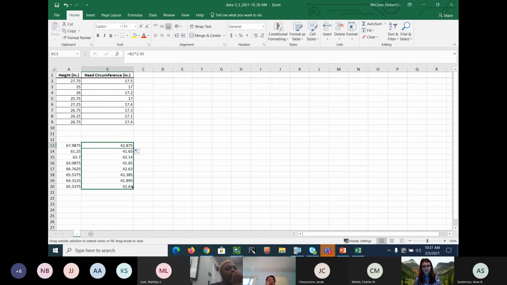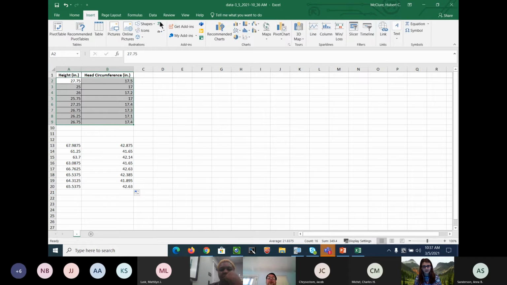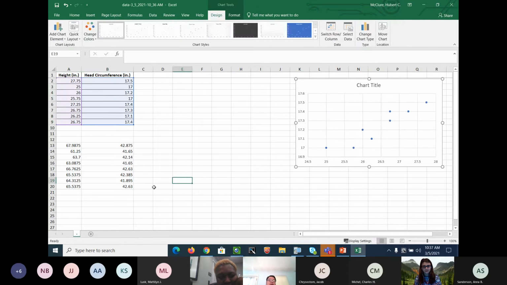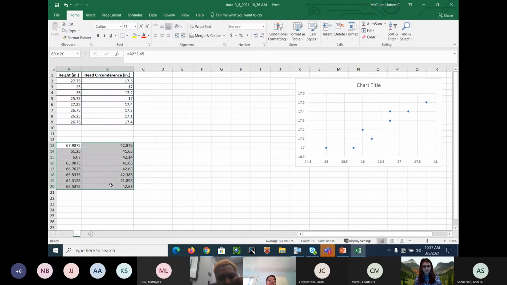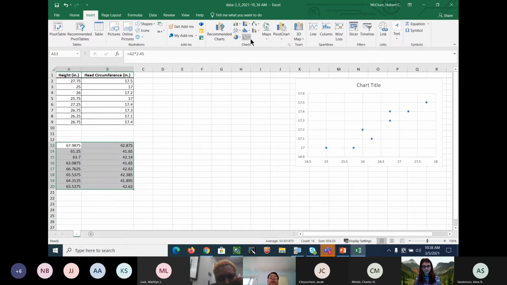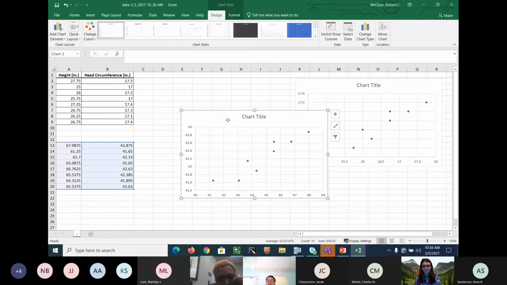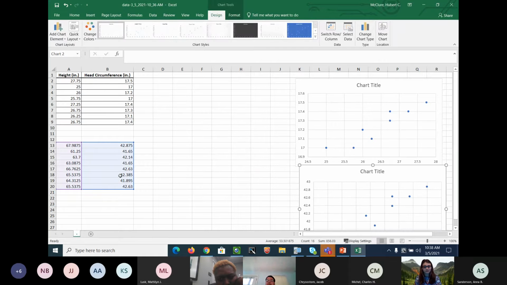Just to show y'all, watch this. Now you can watch this, Miss Dennis, because I'm going to show you there's the scatter plot for that one. I did that, but I couldn't get it to average. And here is a scatter plot for the multiplied data. Anybody see a difference? Nope, they're the same.